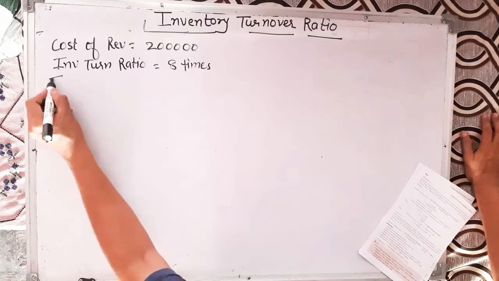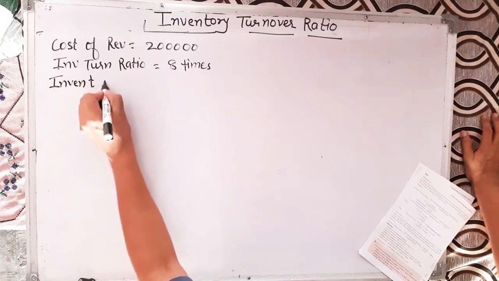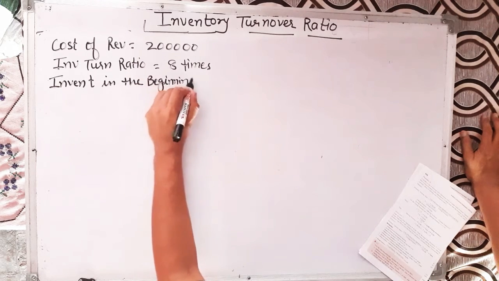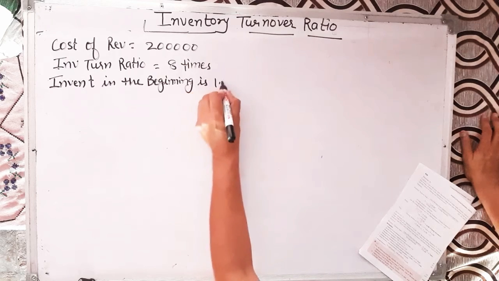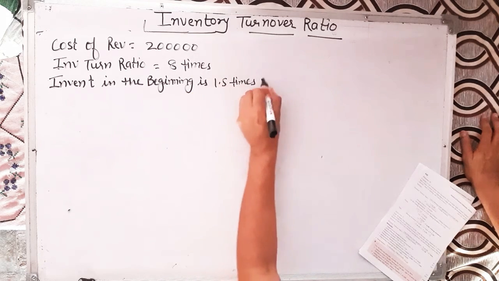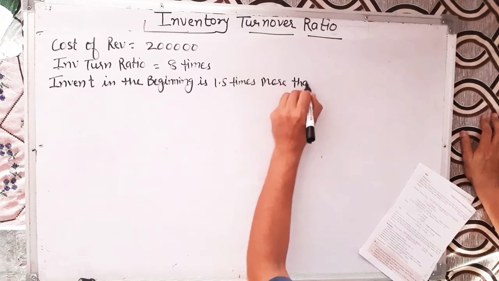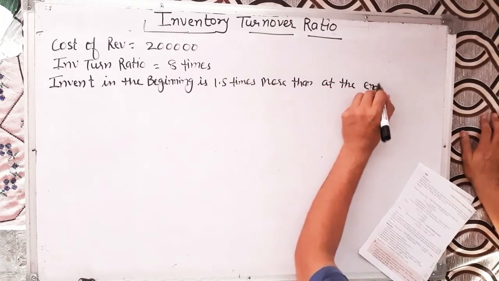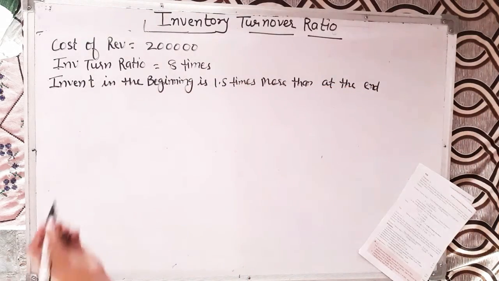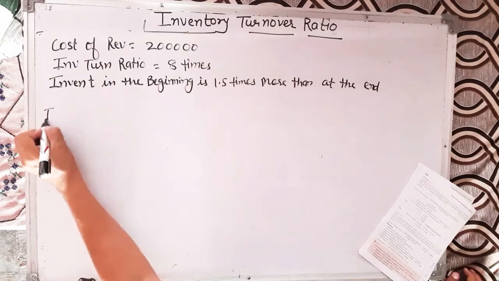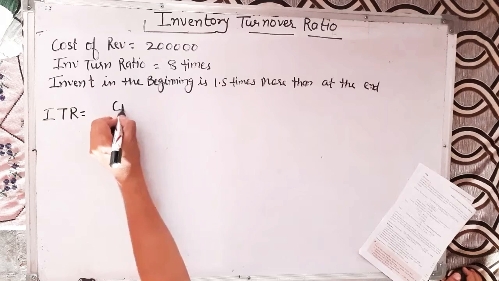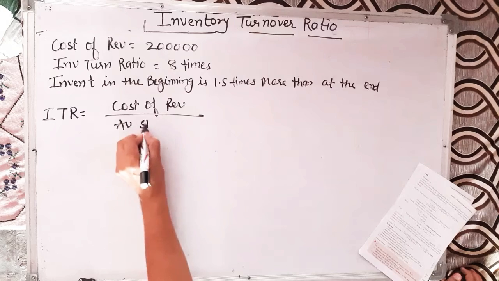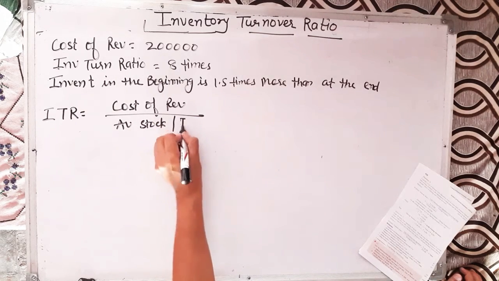Inventory in the beginning is 1.5 times more than at the end. So we will apply this formula. Inventory turnover ratio is equal to cost of revenue divided by average stock or average inventory.